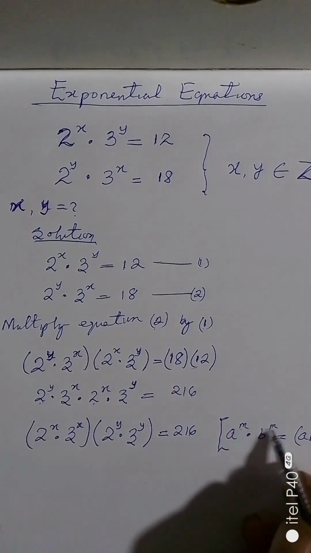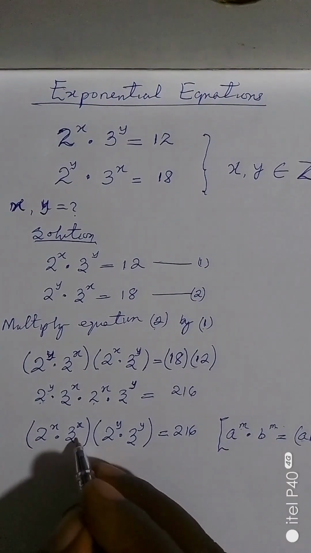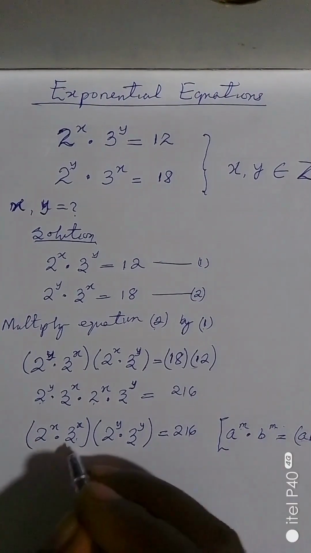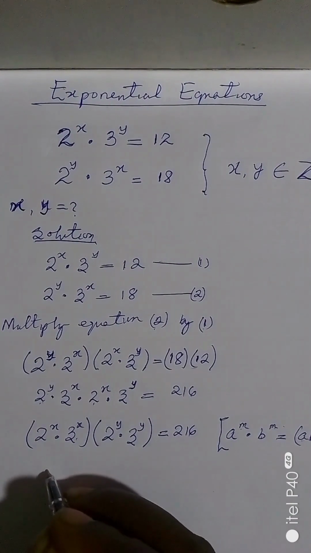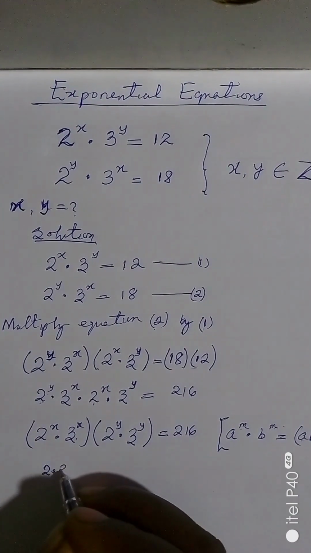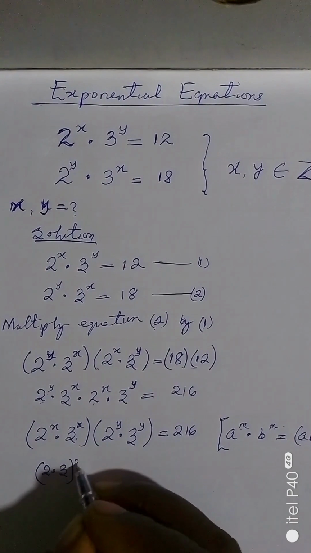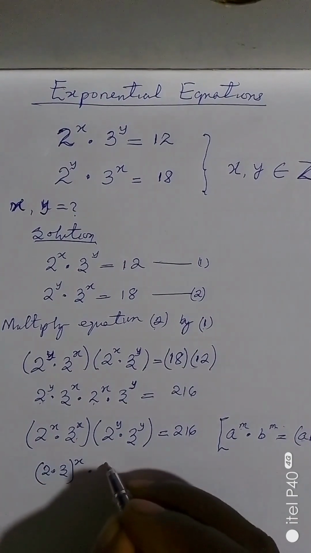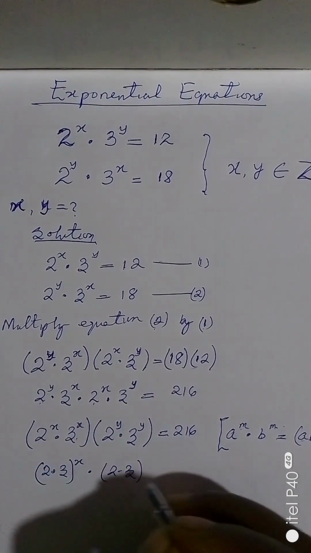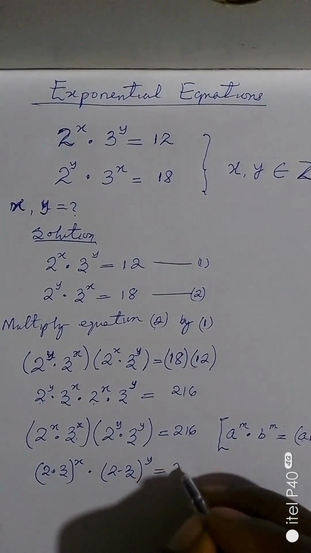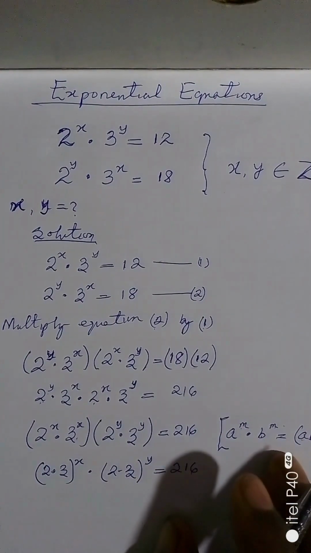So we have same power but different bases: multiply both bases and take the common power. So we apply the same rule here. So it will be 2 dot 3 to the power of x, then 2 dot 3 to the power of y, equal to 216.